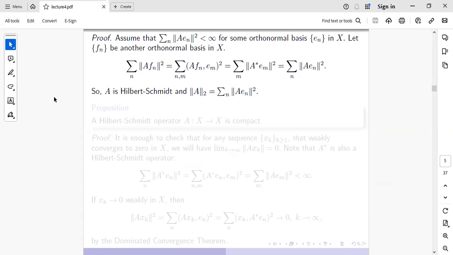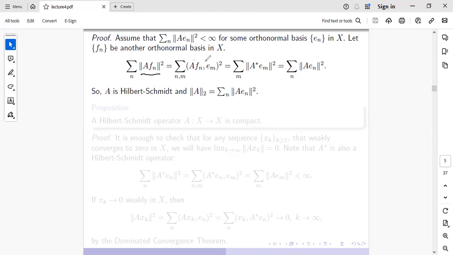This can be checked by the following trick. So assume that for some basis e_n, the sum of squares converges, and consider another orthonormal basis f_n. Write every norm Af_n squared, expanding it in the basis e, so that we get a double sum.